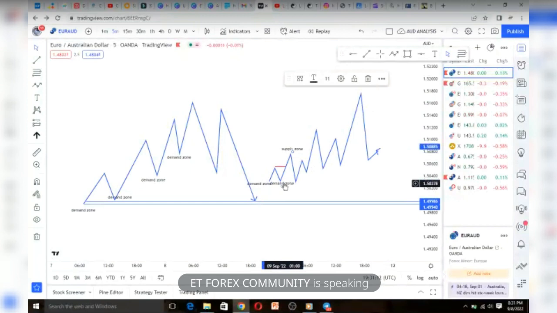Whenever a demand zone is created, it's going to create a supply zone. And the demand zone that created a supply zone will surely be tested, because people won't like buying at high prices. They want to come and buy at the low. So they will come back to that area where the demand zone started, and they will want to buy.